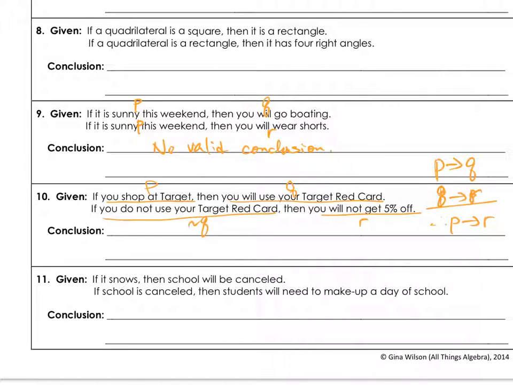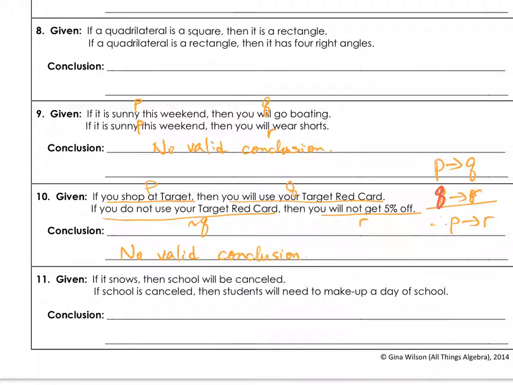So it doesn't fit that because this Q, the conclusion in the first statement, as well as the hypothesis in the second statement, do not match. They're not the same thing. So therefore, the answer to this one is also no valid conclusion. It doesn't meet the criteria in this symbolic map on the right.